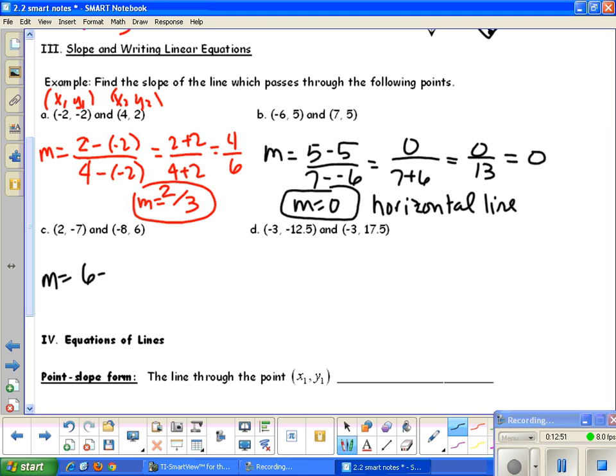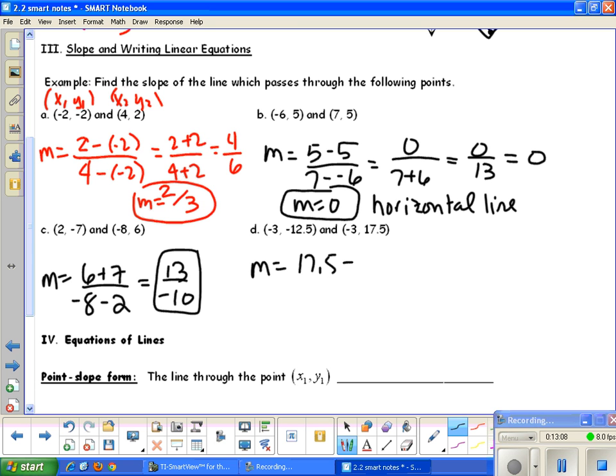So 6 minus negative 7 is 6 plus 7 over negative 8 minus 2. So we get 13 over negative 10. And then for the last one, we would get a slope of 17.5 minus negative, so plus 12.5 over negative 3 minus 3.